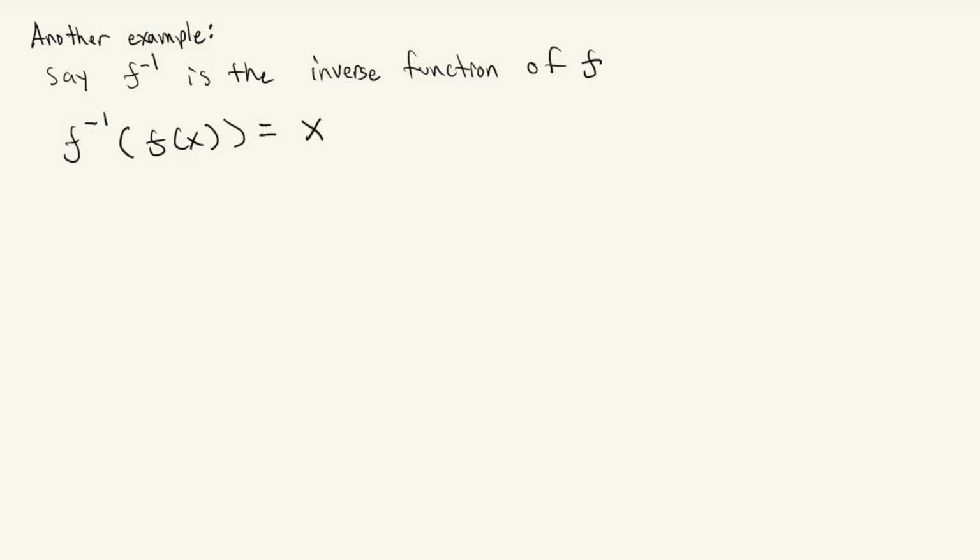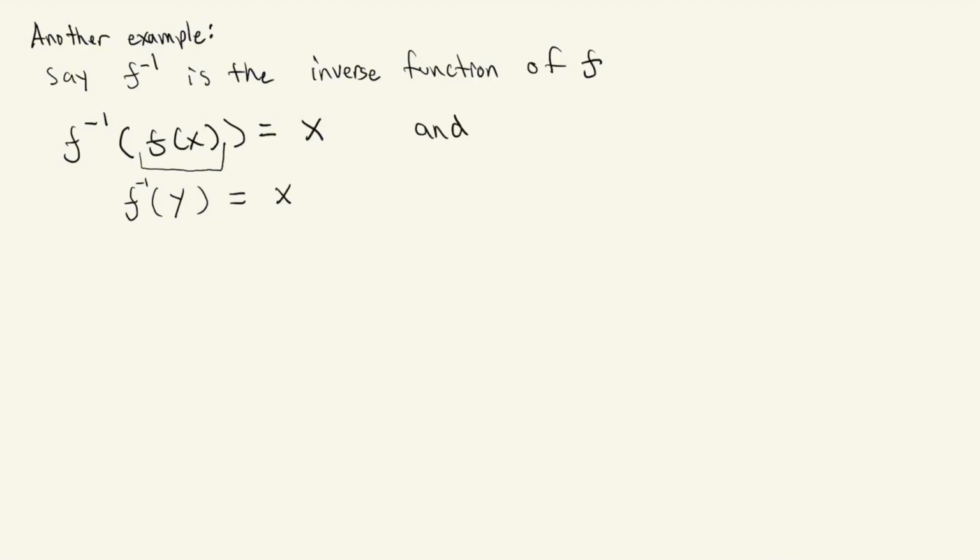And at first, this might be a little confusing, but if you really take a look at this, we know that this term here, f of x, is just equal to y, right? So what this really evaluates to is the inverse of y, and we know that when we put y into the inverse function of another function, we're just going to get the original x value. So that makes sense.